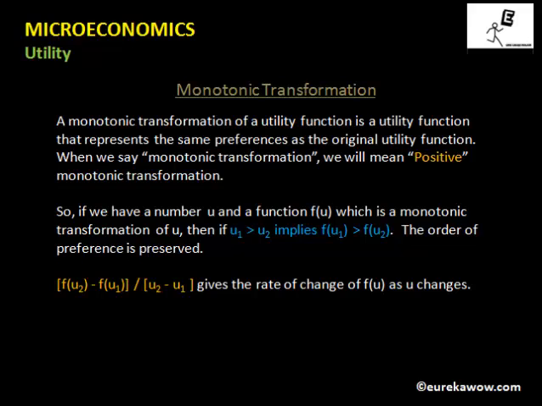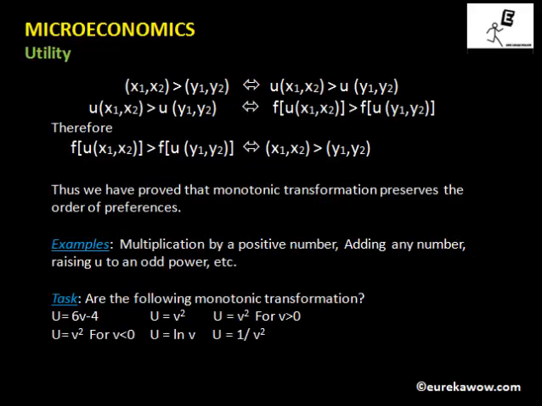Now let's look into monotonic transformation mathematically. Suppose there are two bundles: x1, x2 is one bundle and y1, y2 is another bundle. If the consumer strictly prefers the bundle x1, x2 to y1, y2, then we will say that u of x1, x2 will be greater than u of y1, y2. We talked about this in the beginning of this lecture.